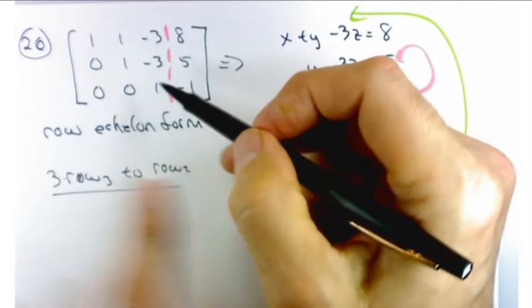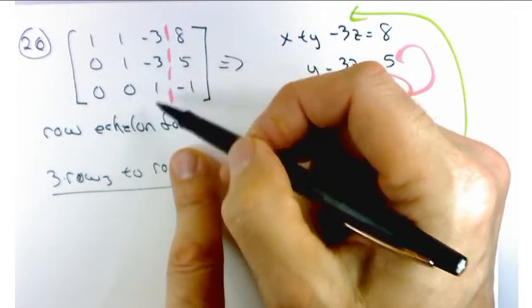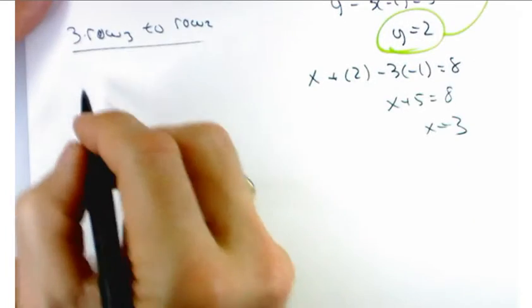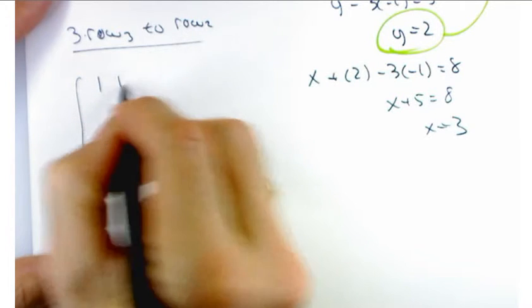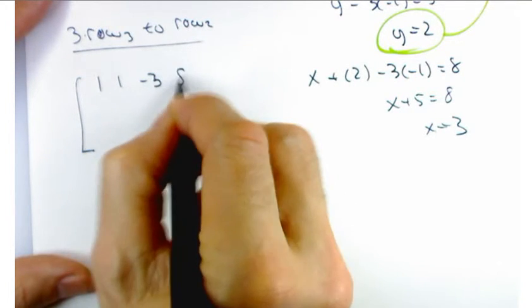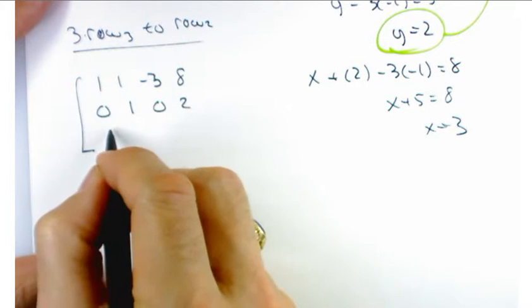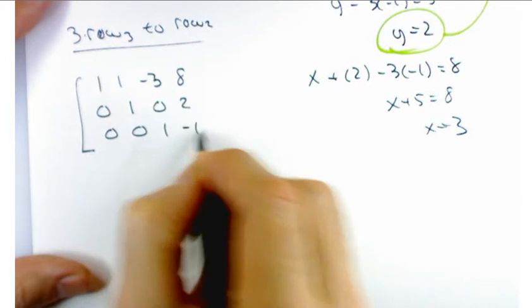And what would that do? That'd make this a 0, right? And 3 times that would make it a 2. So I'd end up with 1, 1, negative 3, 8, 0, 1, 0, 2, and 0, 0, 1, negative 1.